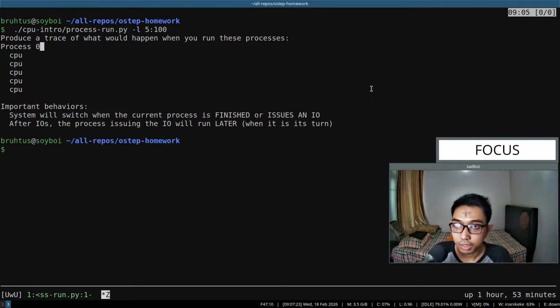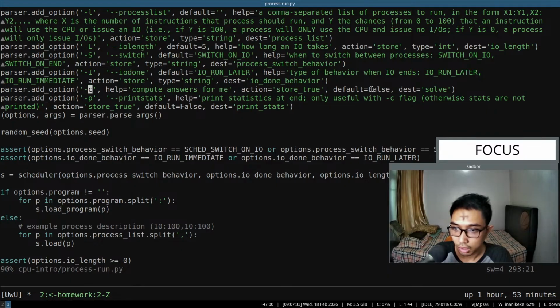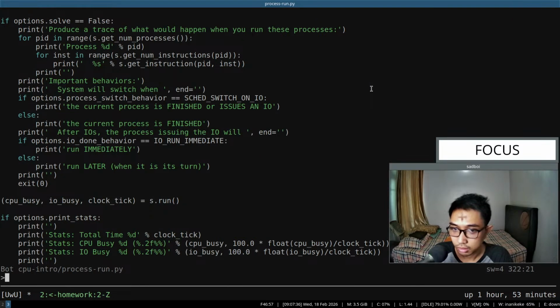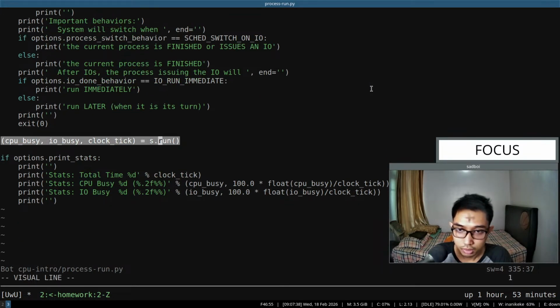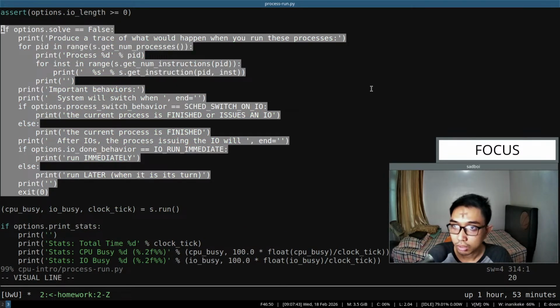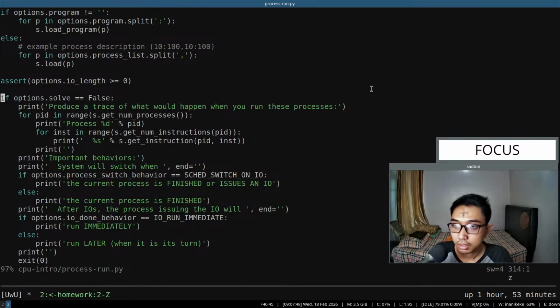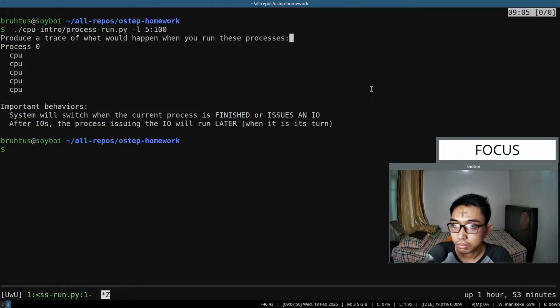Because we didn't have the flag -c, this one, we are actually not running the script, because we already exit in this conditional. So this is the report of what would happen when we run this process.